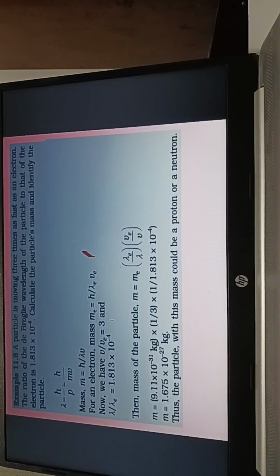How much is the ratio? 3 times. So the lambda ratio will be this much. The mass of the proton can be calculated as this much, 1.6. With the help of the de Broglie wavelength you can also calculate the proton mass. The mass could be proton or neutron, because proton mass and neutron mass are the same.